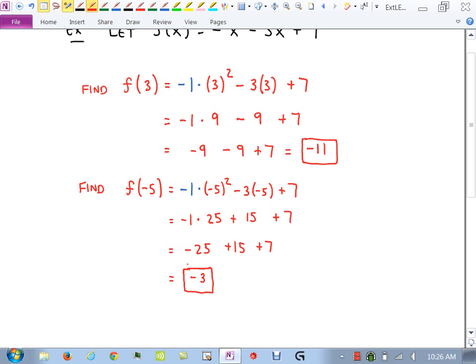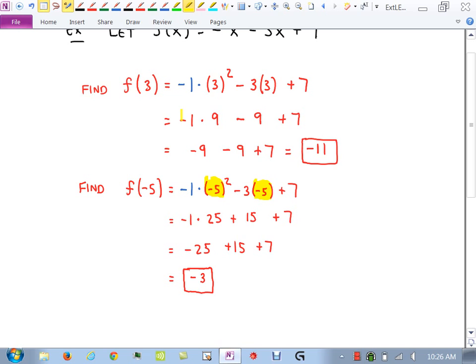The answer's up here. The things to notice about this, first of all, that -1 I pulled out in the front, absolutely have to have that.